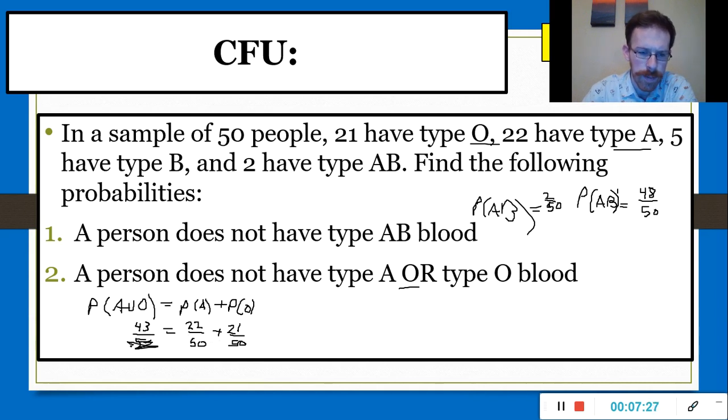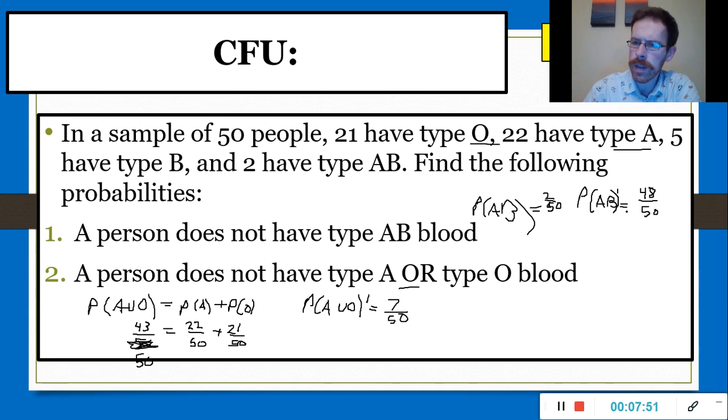Its union would have to be 43 out of 50. And so the probability of it not being the union, anything other than O and A, would have to be 7 out of 50.